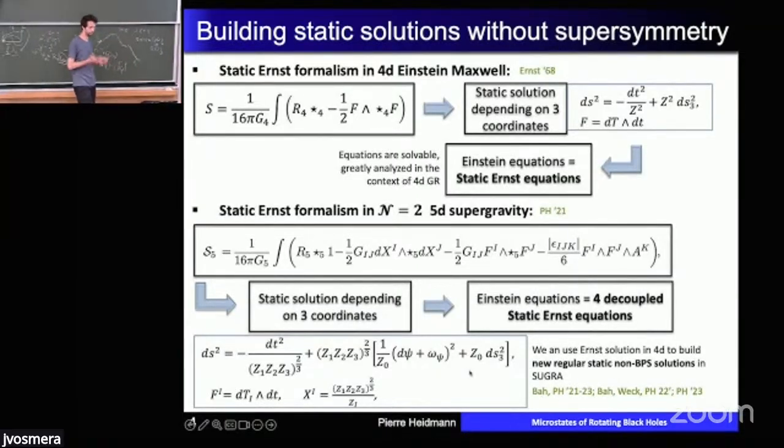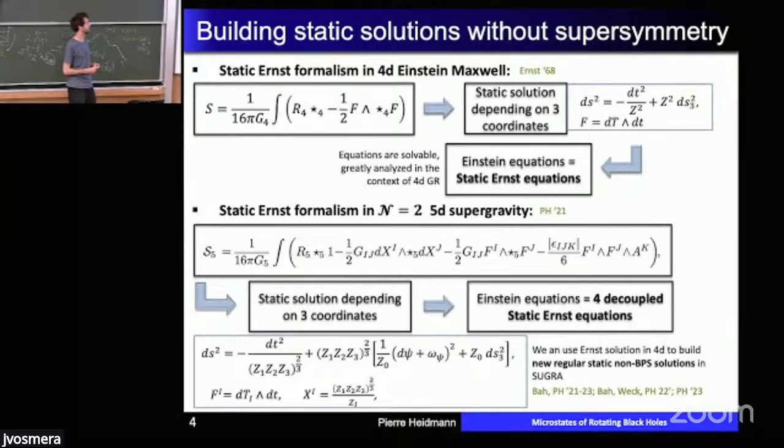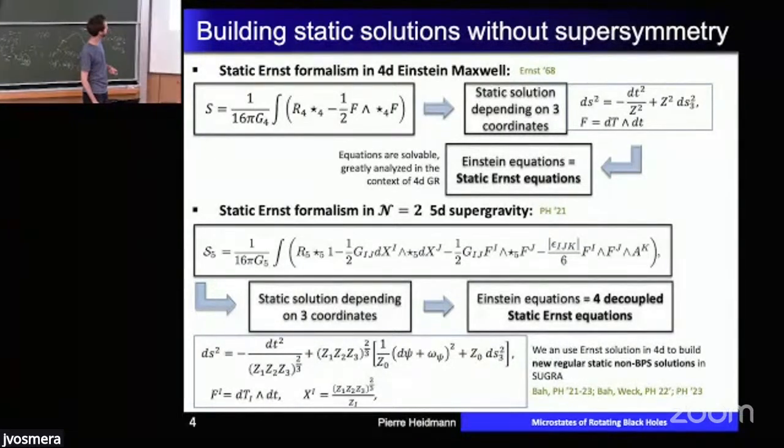So this is really the framework. Just saying that without supersymmetry, you can still solve the Einstein equation in supergravity using known results from 4D GR. So this story worked very well, and it's only static.